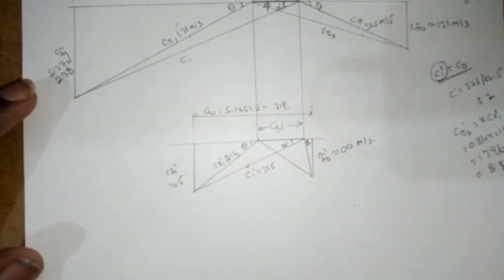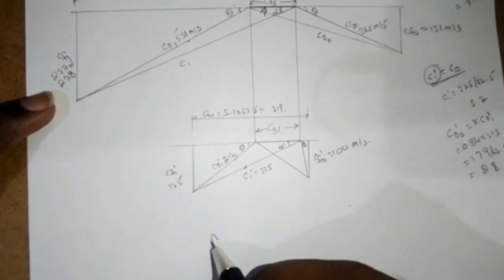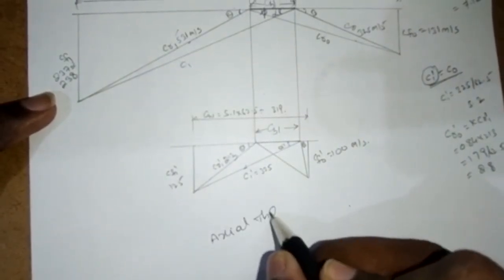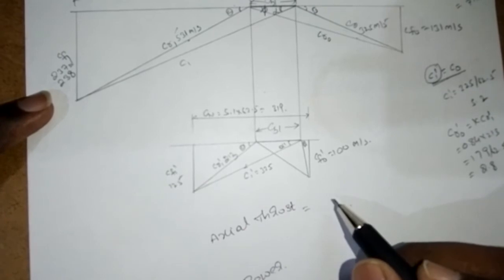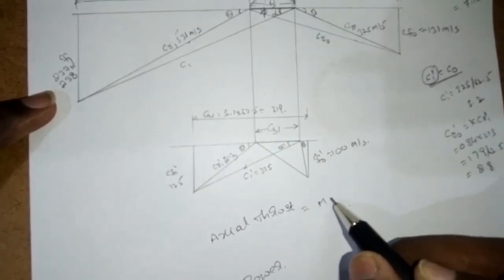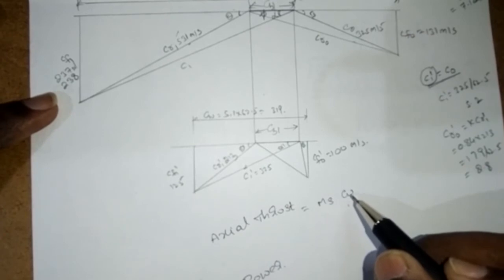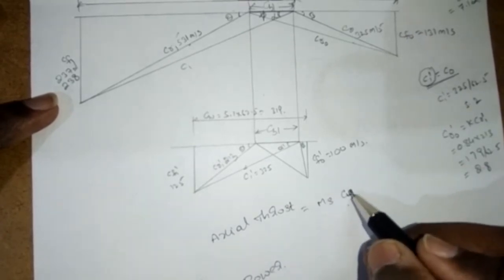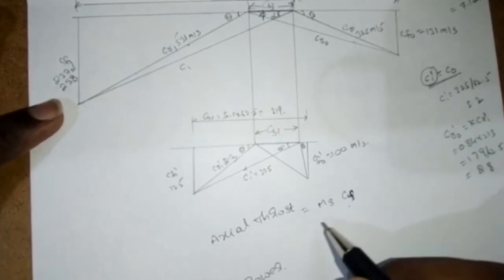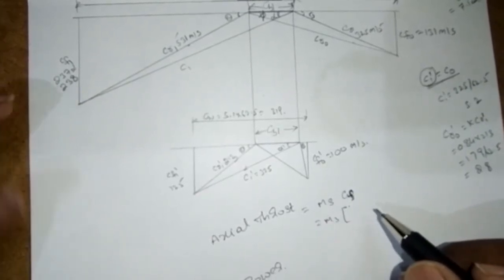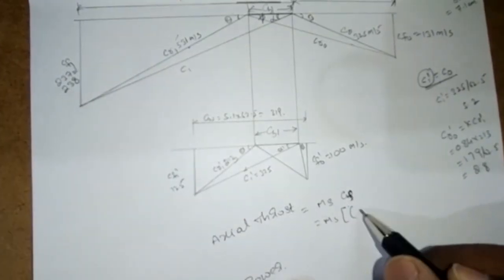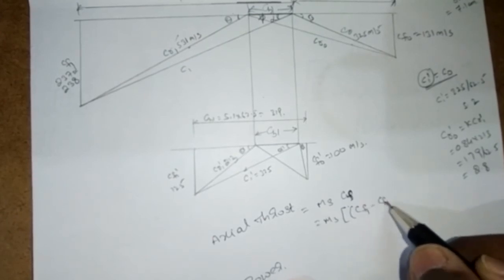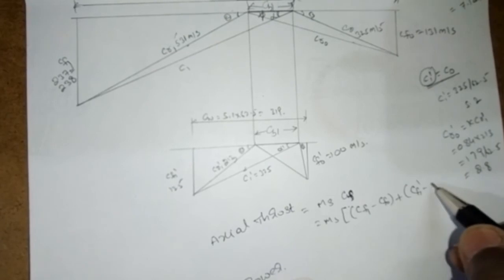Then we have to find the axial thrust and power developed. For calculating axial thrust, it is ms into the difference of flow velocities. For the first set of triangle, CF1 minus CF0, and for the second set, CF1 dash minus CF0 dash.